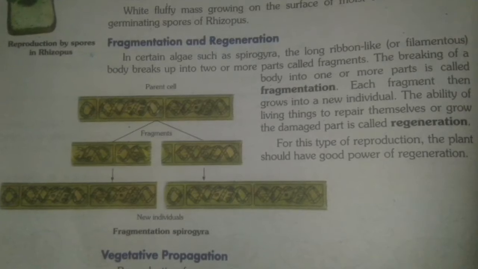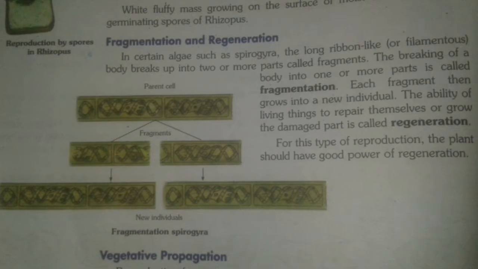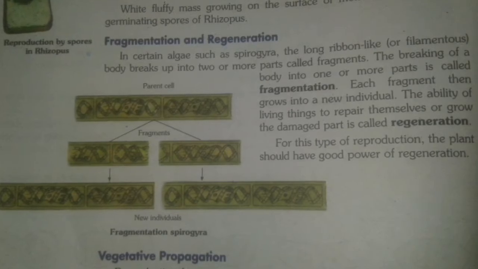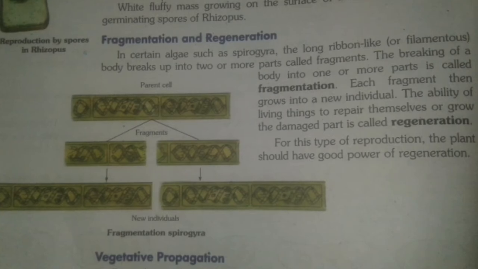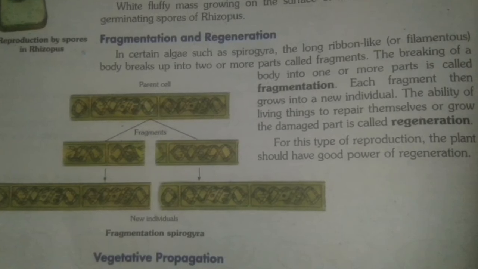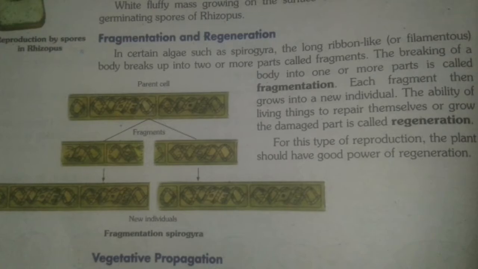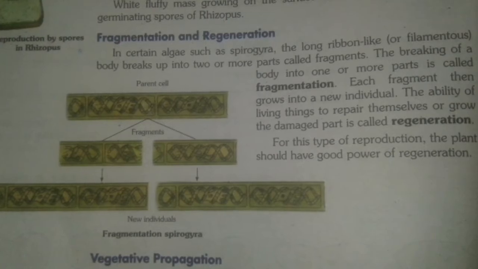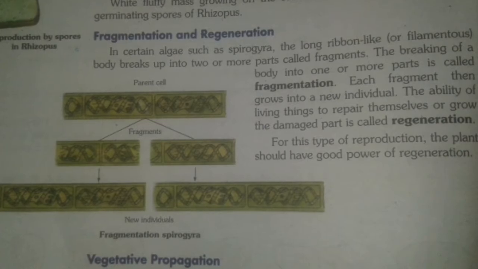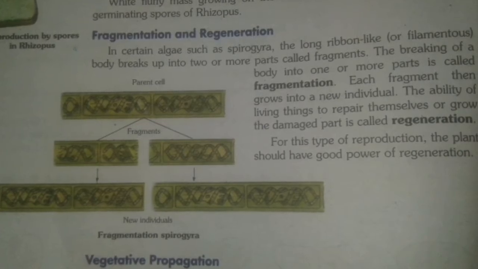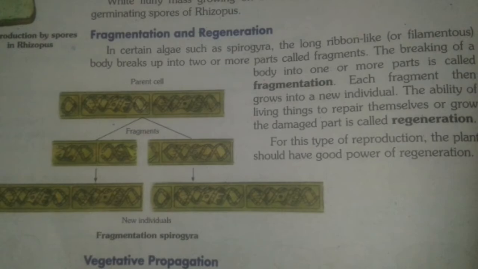So the first topic is fragmentation and regeneration. Regeneration is a process in which the organism regenerates its lost part of the body. Regeneration is the best means of asexual reproduction in certain protozoa, sponges, coelenterates and planaria.